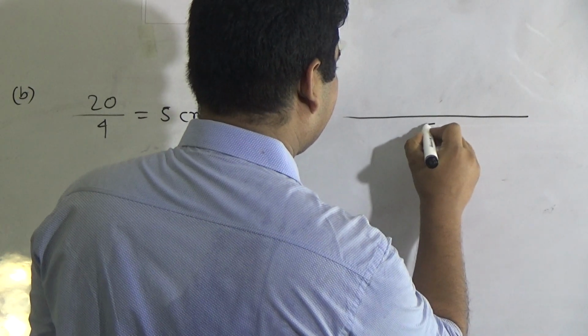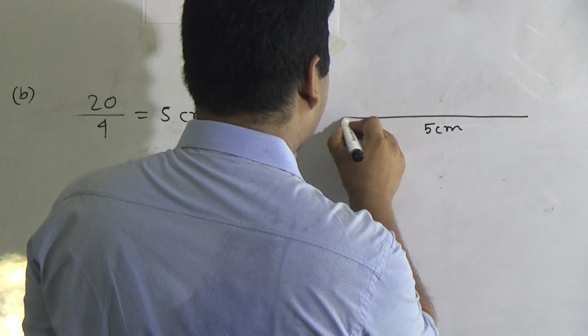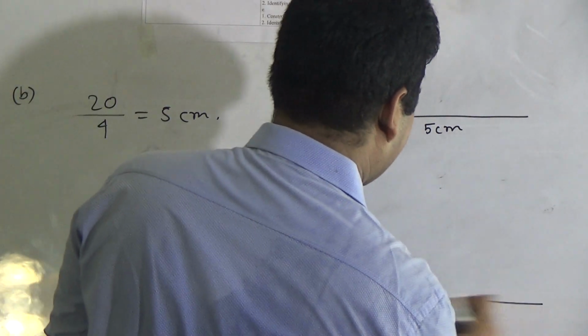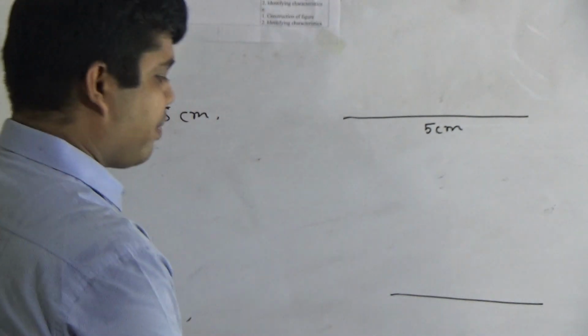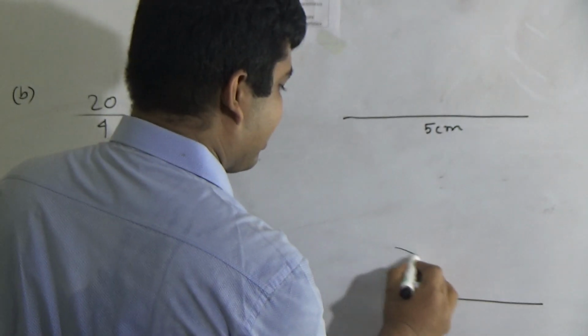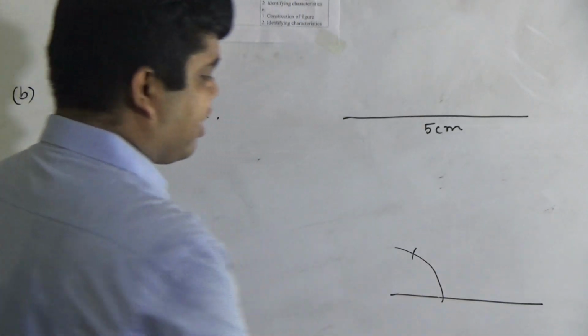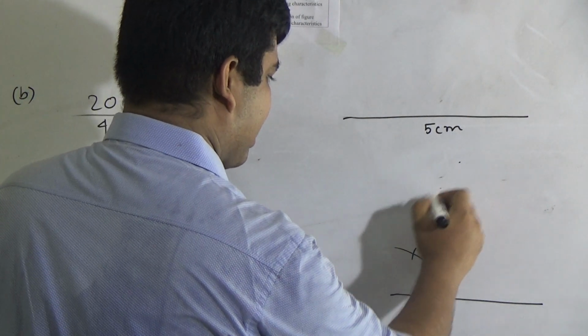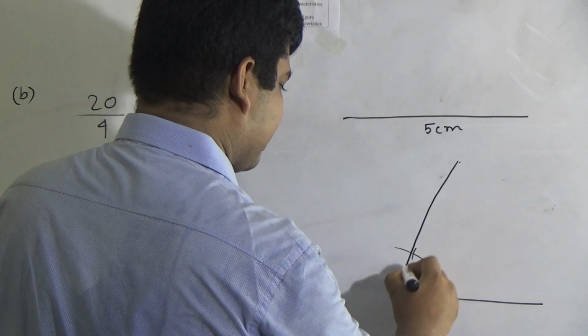Notice this is a 5 centimeter side of a rhombus. Then you use a 5 centimeter side. After that, here you draw an angle which is less than 90 degrees. Here I draw a 60 degree angle. Now another 5 centimeters.